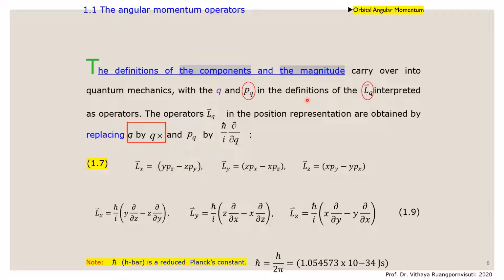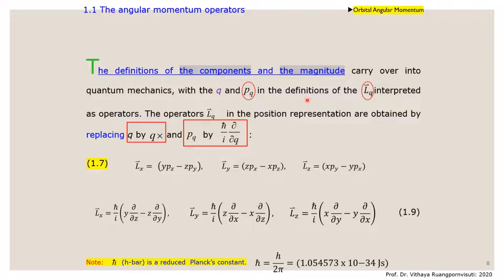Interpreted as an operator, the operator L_q in the position representation can be obtained by replacing q by q times, and momentum p_q by h bar over i times the operator of partial differentiation with respect to position q.